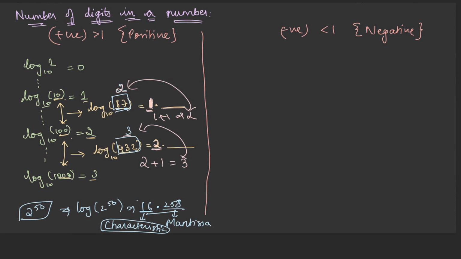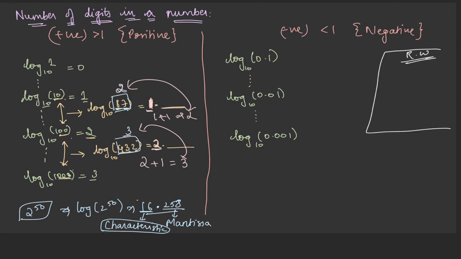Now let's consider negative numbers: log of 0.1 to the base 10, log of 0.01 to the base 10, and log of 0.001 to the base 10. Let me tell you the values using rough work. We can write 0.1 as 1 by 10.